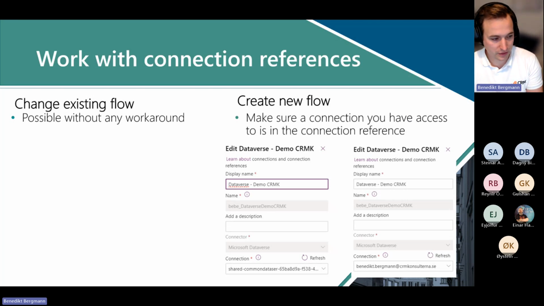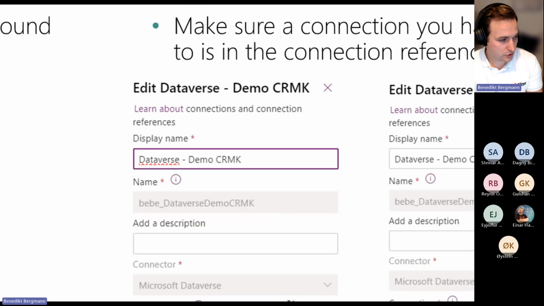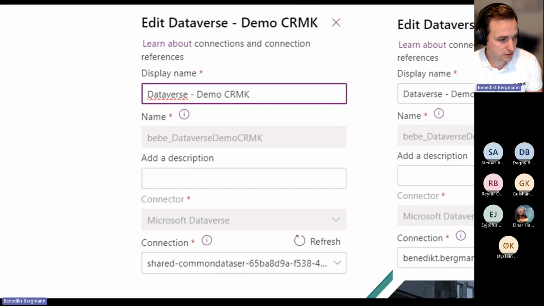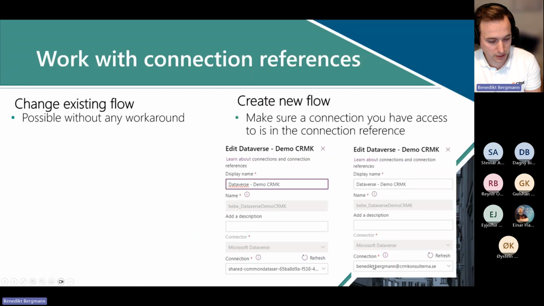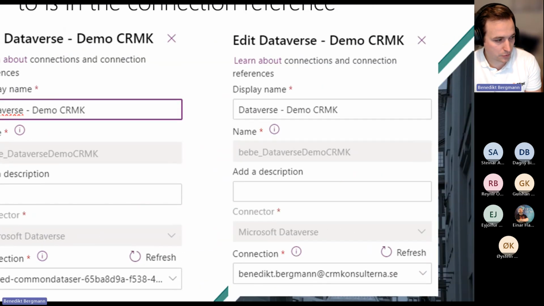So let's go into that one here. On the one side, we have a connection reference where we don't have access to the connection. And we can see that because we only see a weird ID of the connection that is used in the connection reference. Whereas on the other side, it's the same connection reference, but this time there is a connection which I have access to, so I can see the name of the connection reference.